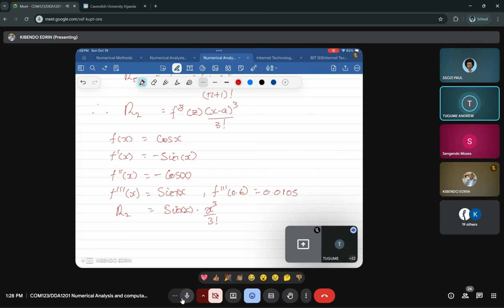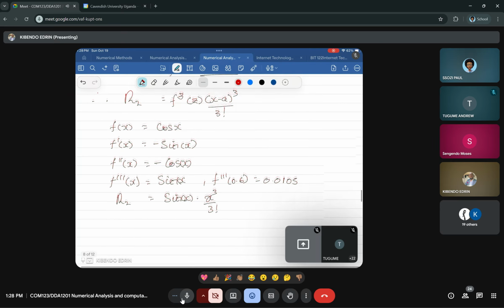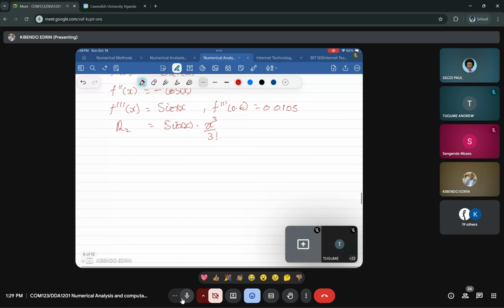So we were finding Z when we found 0.0105, that is the f of z. Okay, but it should be in magnitude, remember, because it is an upper bound. Okay, thank you. So now we represent. Edwin, include magnitude signs.